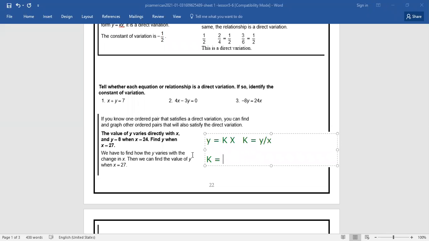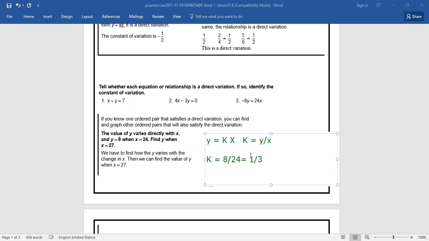So the first y was 8, right? And the first x was 24. Okay, then it will be 8 over 24, which means the value of k equal 1 over 3.